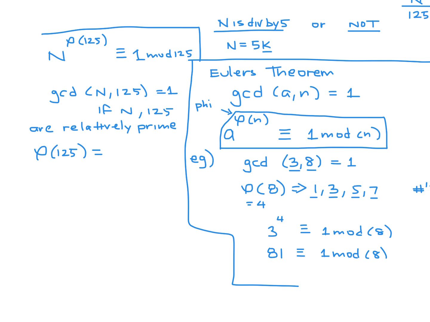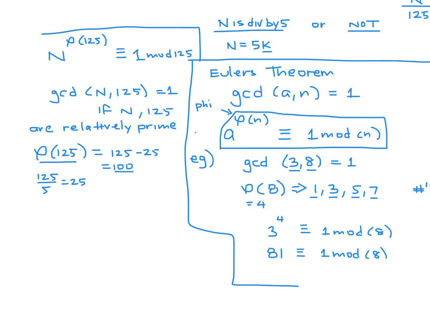So there's going to be 125 divided by 5, which is 25 numbers that are divisible by 5. Of the total numbers, you'd have to subtract those 25, and that would be 100. So this is equal to 100.